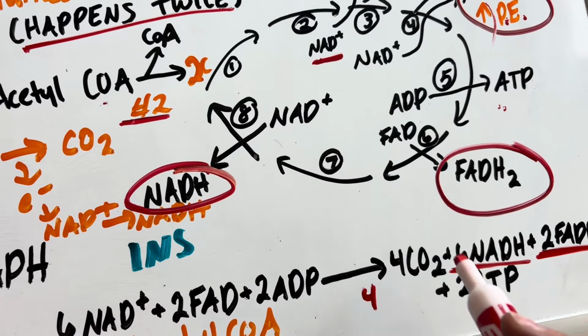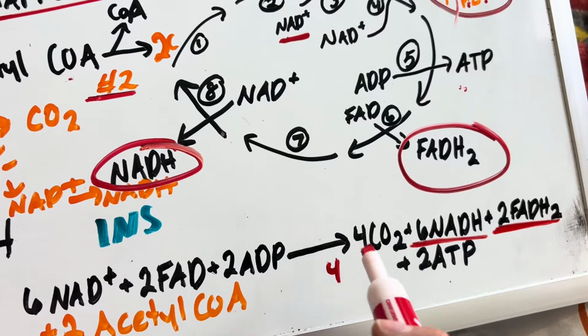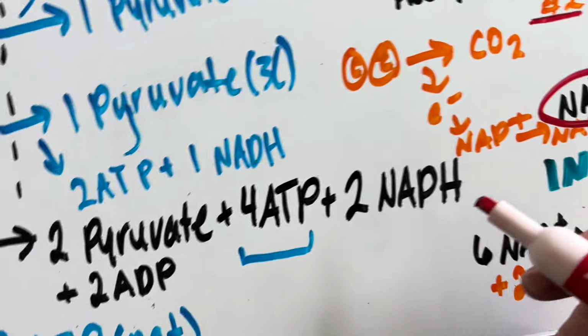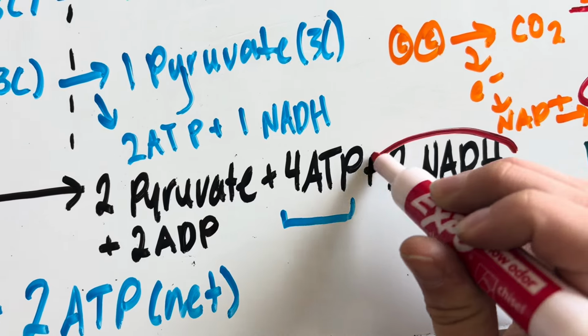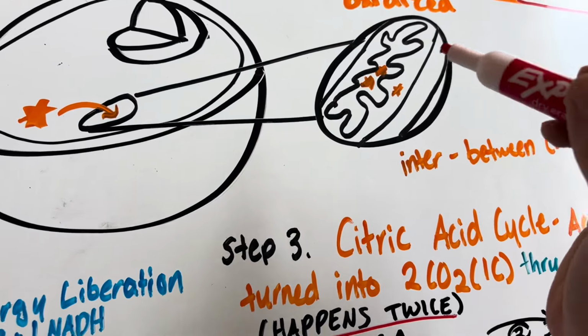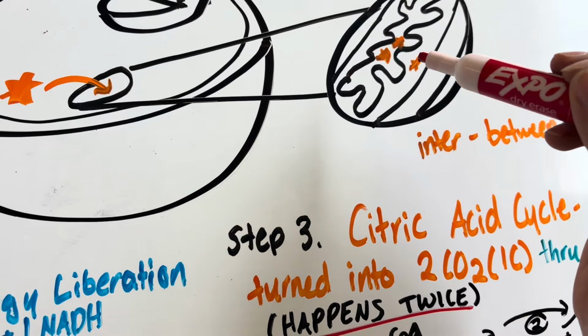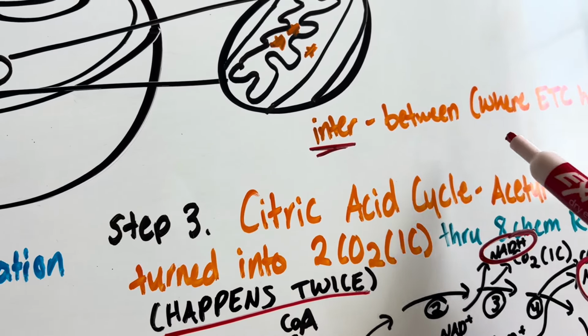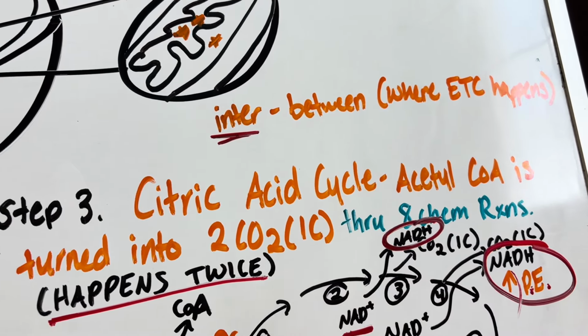So we're gonna put all of these molecules that we gained, and then this NADH also that we gained, and we're gonna put it right here, because we were right here, in the intermembrane space. So that's where the ETC happens.